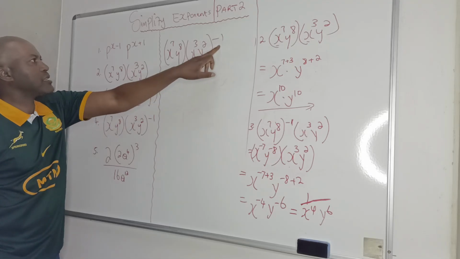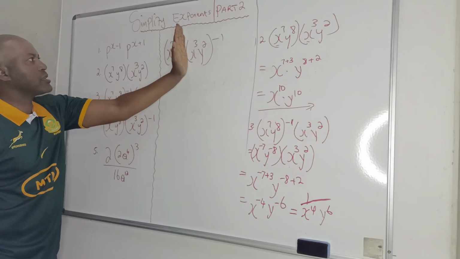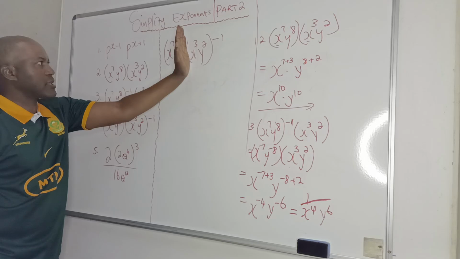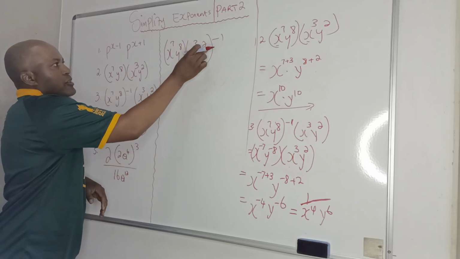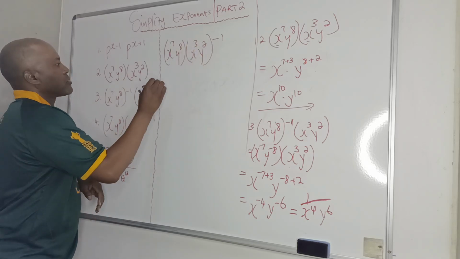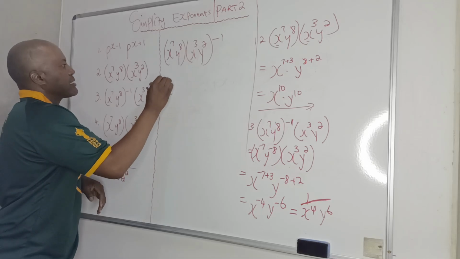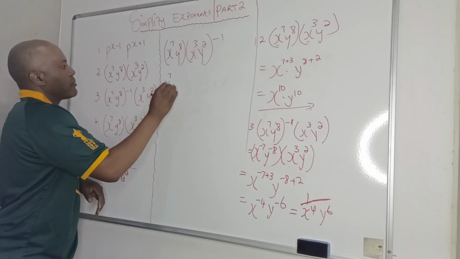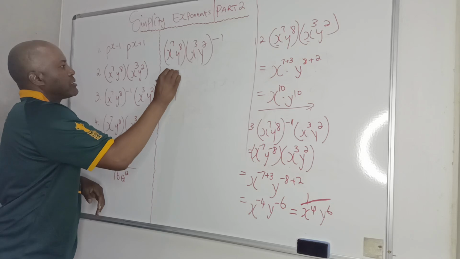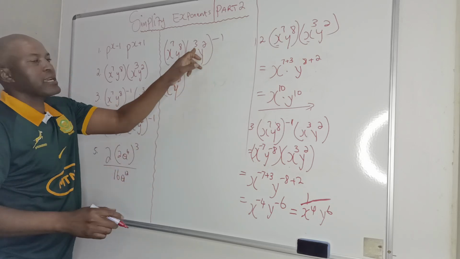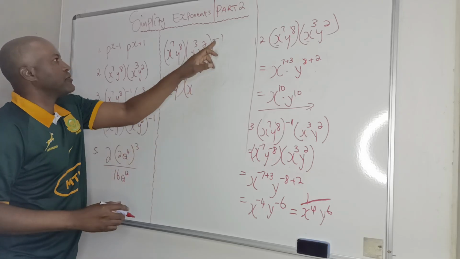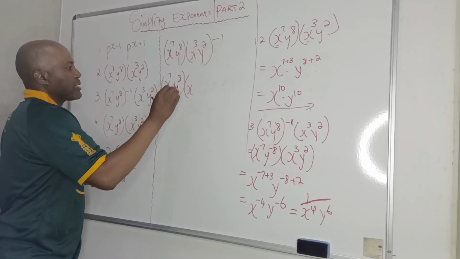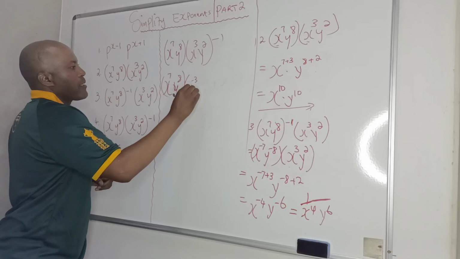This -1 should multiply only these ones, so we are also going to apply rule number 4. I keep x raised to 7, y raised to 8 as they are. Then I multiply inside: -1, and I keep the base. -1 by 3, I get -3.